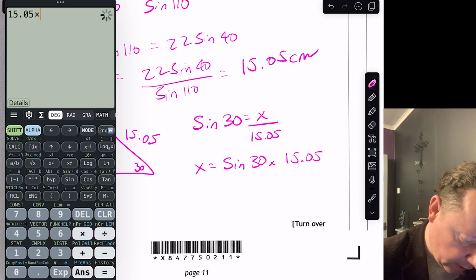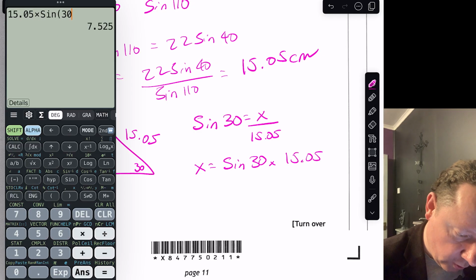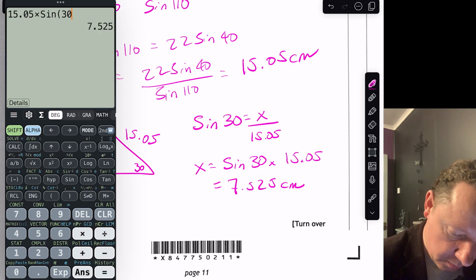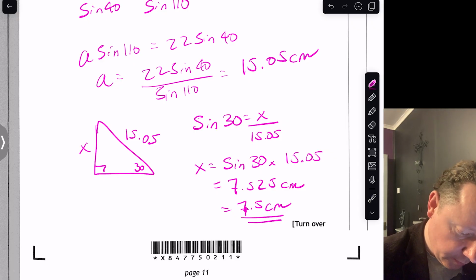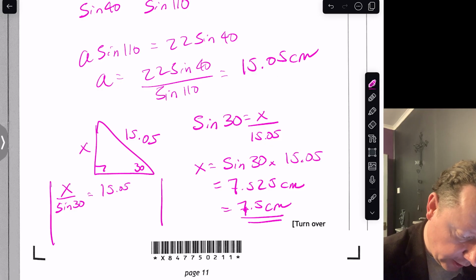15.05 times sine 30 is 7.525, or 7.5 centimetres. Or if you wanted to use the sine rule again, you could say x over sine 30 equals 15.05 over sine 90.